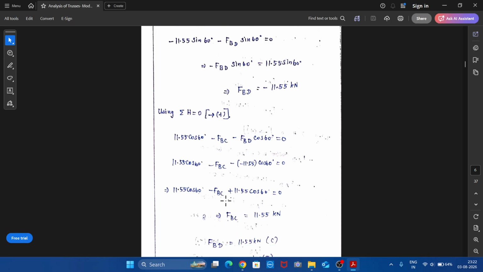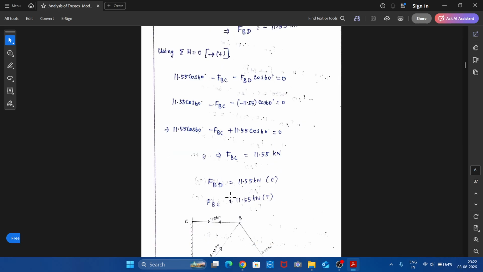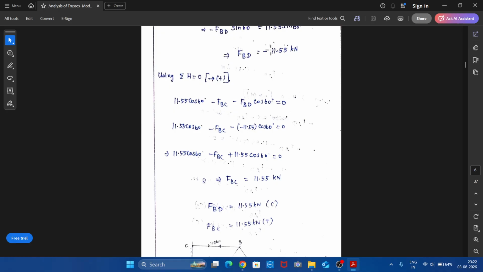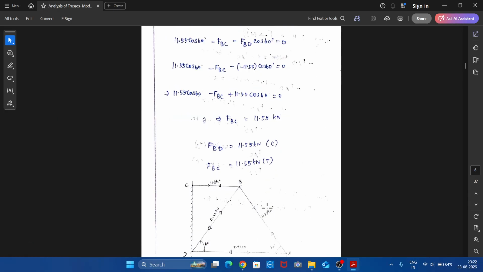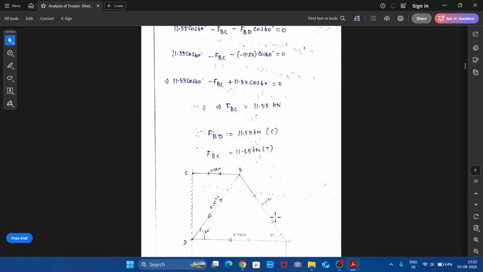After getting F_BC as well as F_BD, now write the results. F_BD we have got as minus 11.55 kilonewton, so remove the minus sign and write it as 11.55 kilonewton compressive. And F_BC we have got plus 11.55 kilonewton, it is tensile. So now all four internal forces, F_AB, F_AD, F_BD, F_BC, have been found.